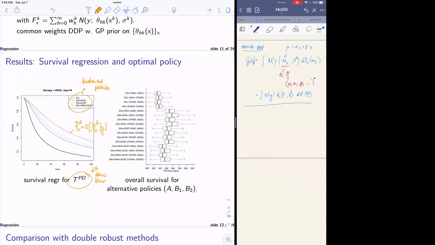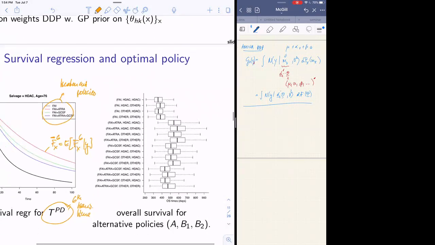So that allows us inference on these 7 transition times. And then putting together the 7 transition times for any given patient, you can get inference on overall survival. So hidden down here is overall survival. Overall survival is simply the sum of the relevant transition times. And you can see here in the vertical axis, we plot different policies.